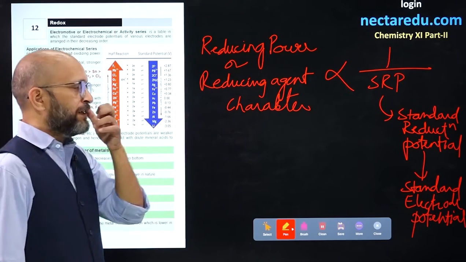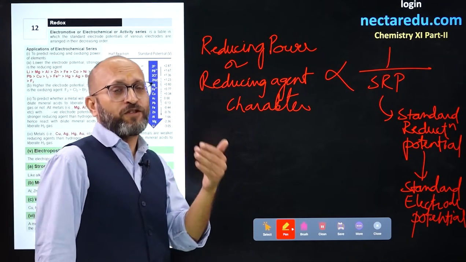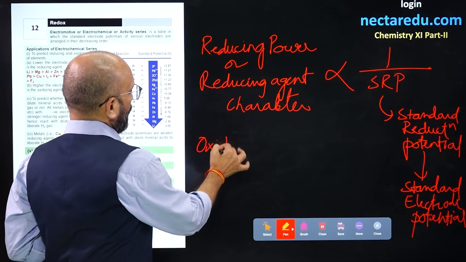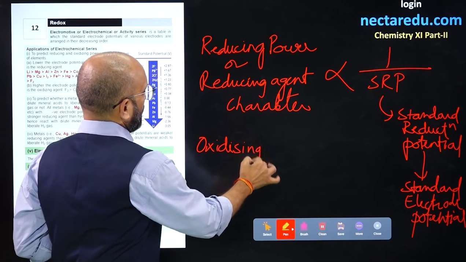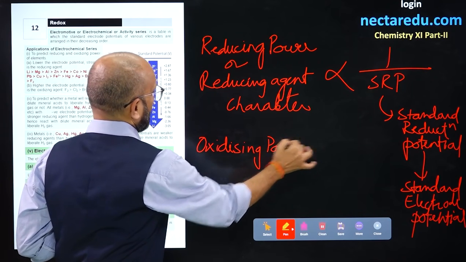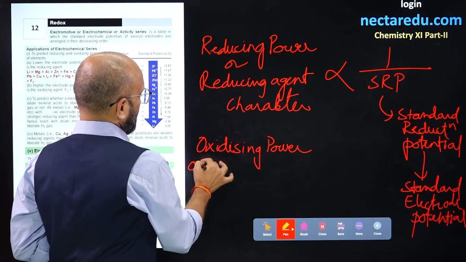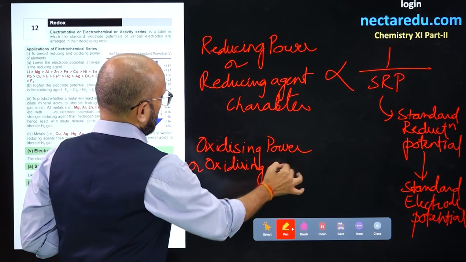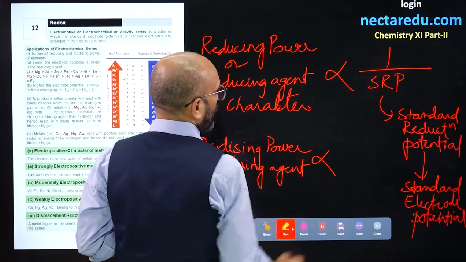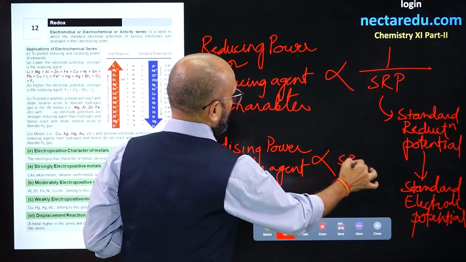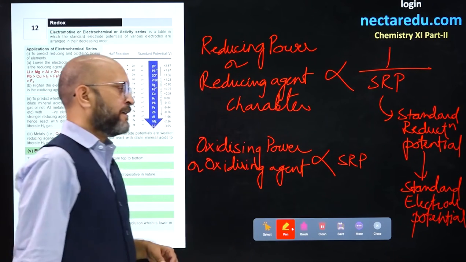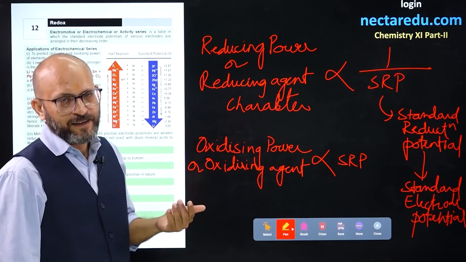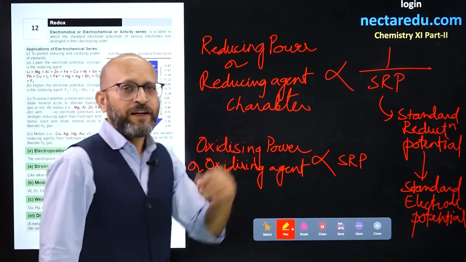So, reducing power is inversely proportional to electrode potential or SRP. Similarly, oxidizing power of a species, or oxidizing agent nature, is directly proportional to electrode potential or standard reduction potential, and reducing power inversely.